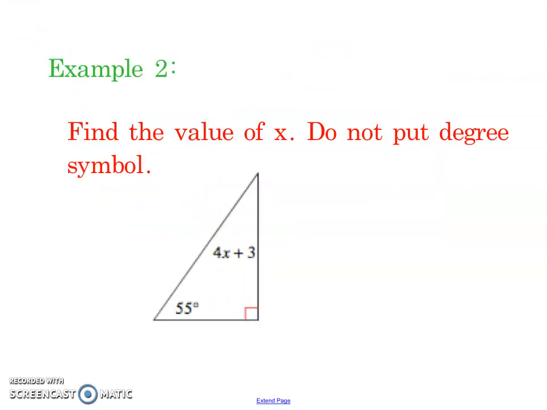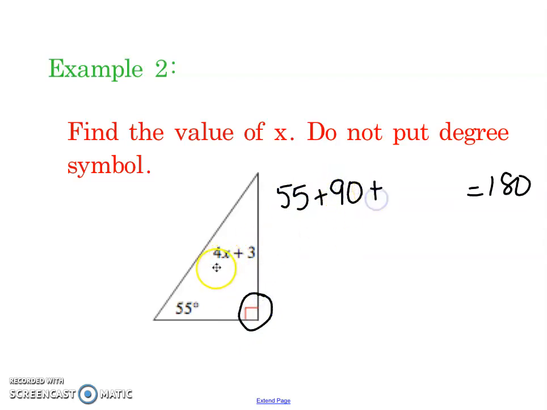So the next example is very similar, except just one additional step. We know the three angles in the triangle are still going to equal 180 degrees. The first angle is 55 degrees. We have to remember the second angle we have right here, it's a right angle, so it's 90 degrees. And the third angle is 4x plus 3. We want to solve for x, so we are going to combine our like terms.